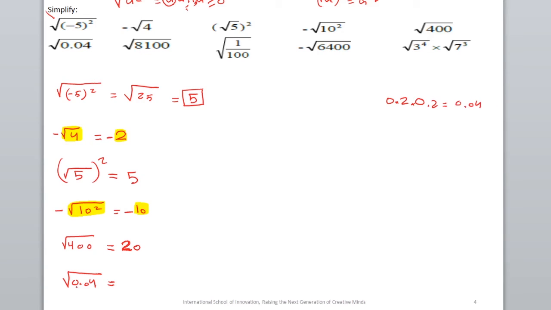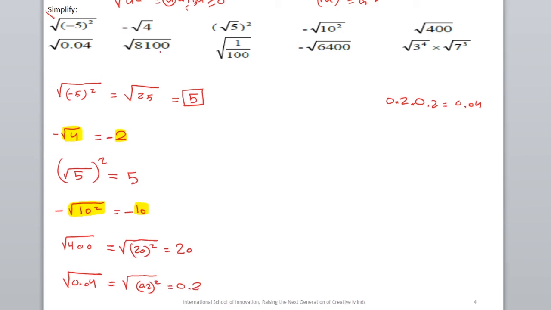So radical 0.04 is equal to radical 0.2 squared, and that is equal to 0.2. Also, we may write this in the same way: radical 20 squared, which is equal to 20.